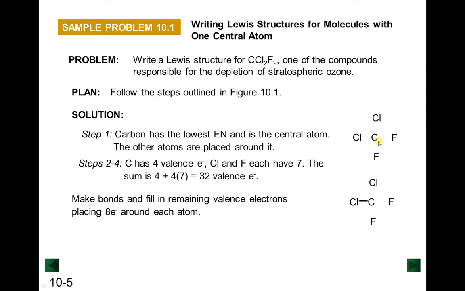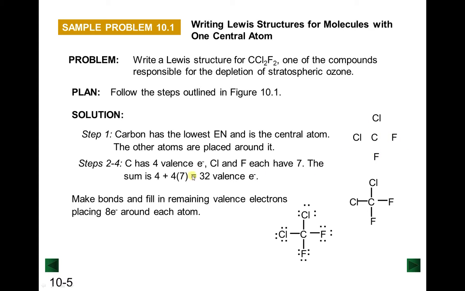Usually in your periodic table, as you go to the top right, the electronegativity of the atom increases. So in this case, your carbon would have the least electronegativity, while chlorine and fluorine would have higher electronegativities. So since your carbon has the lowest electronegativity, that's what you choose as your central atom, and that's what you put at the center over there, while the other atoms you put at the periphery.